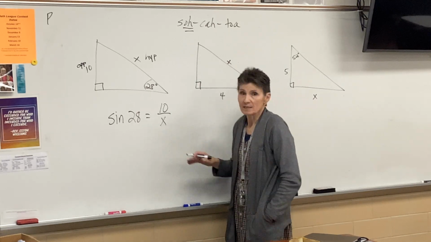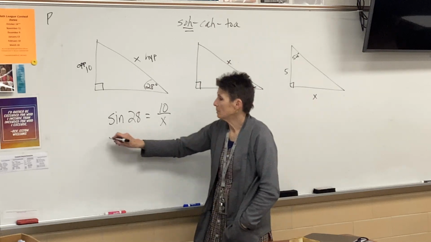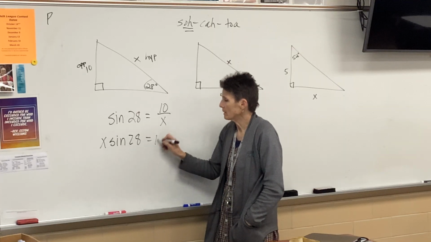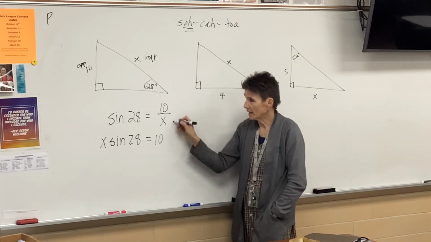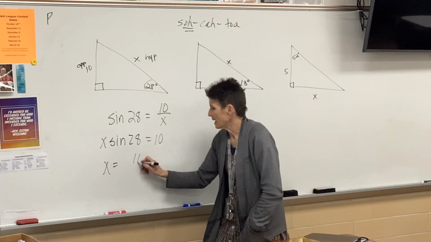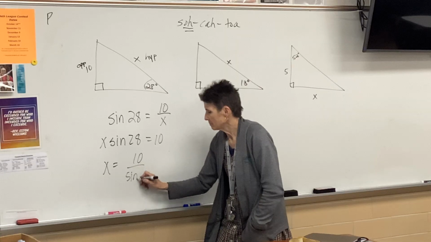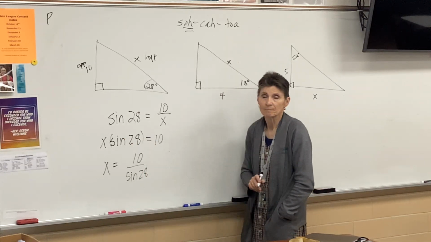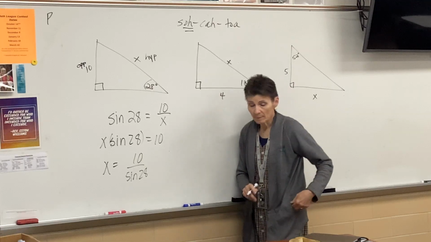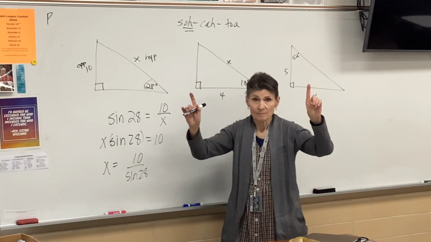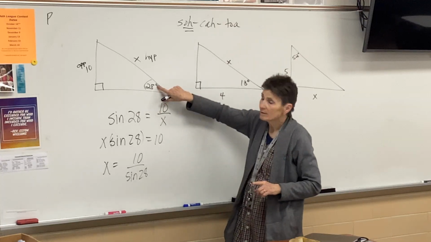To solve this, I am going to multiply both sides by x. That will get rid of the fraction. And then I'm going to divide by sine 28. And then I'm going to type it in my calculator. Caution. See that right there?